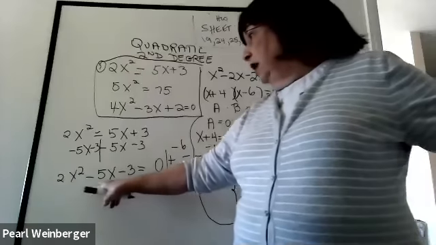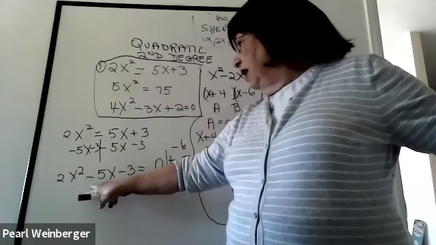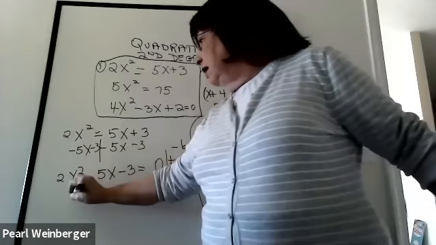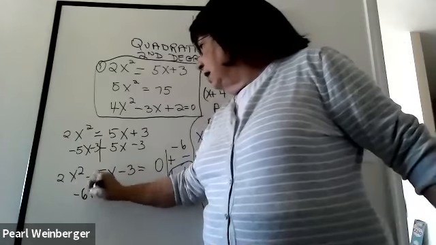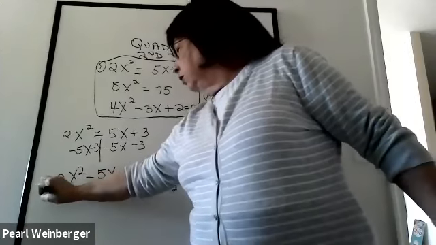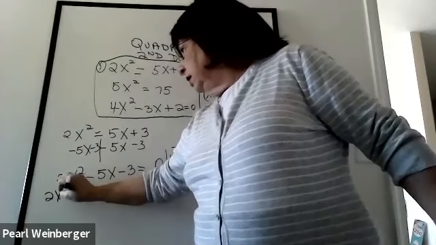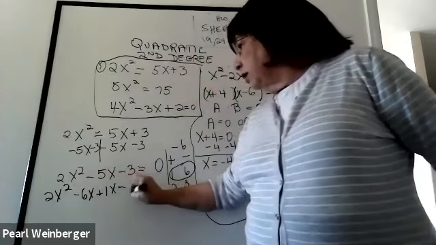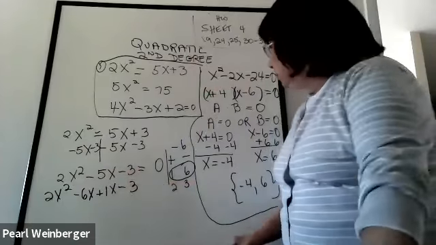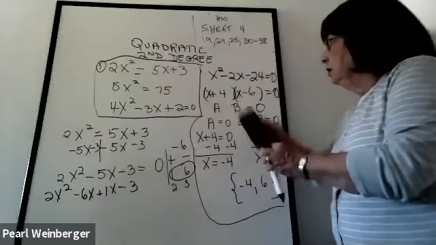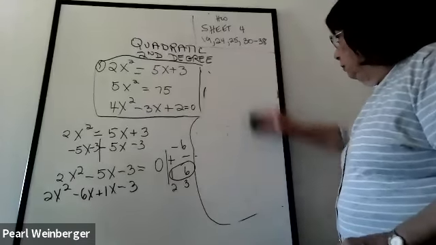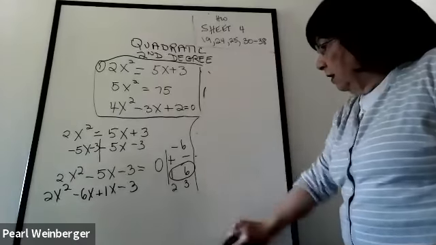In other words, I'm going to rewrite this -5x as a -6x and a +1x. I'll keep the 2x squared and I'll keep the -3. Okay, I'm going to have to erase this so that I can continue this problem on this side.